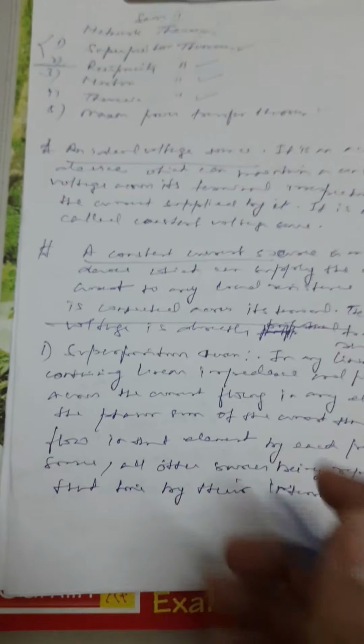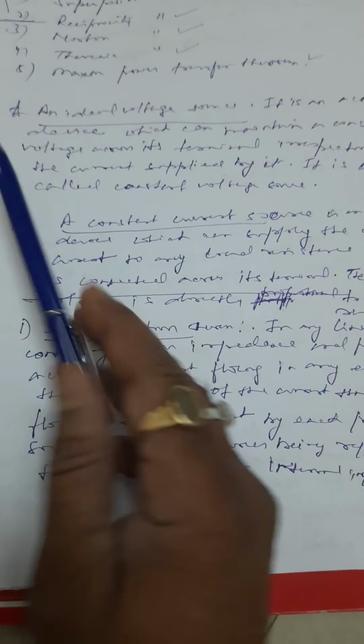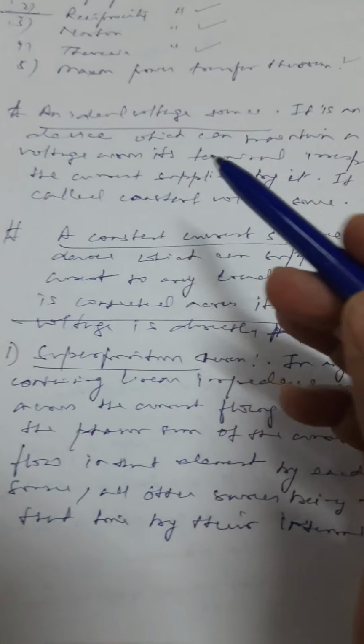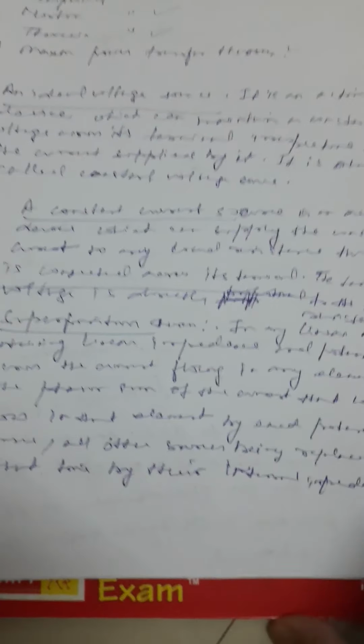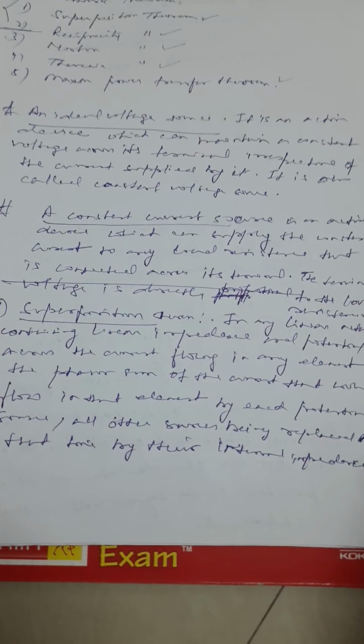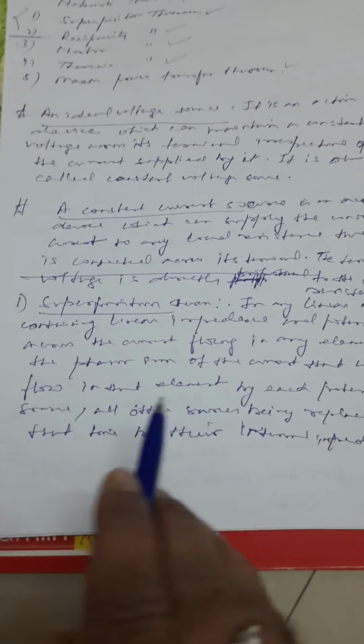Now we'll come to the theorem part. These two parts are very important, that is the ideal voltage source and the constant current source.